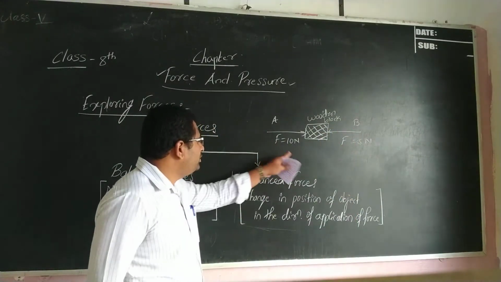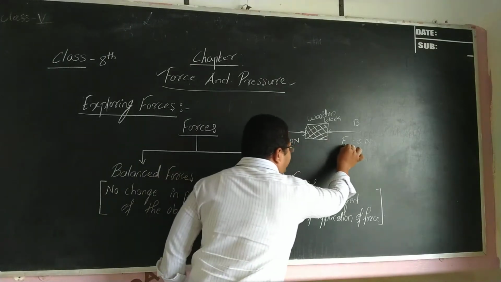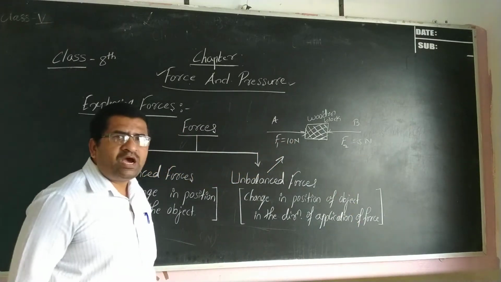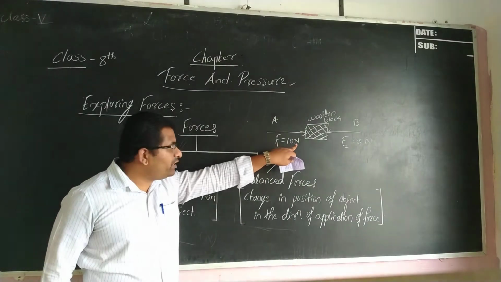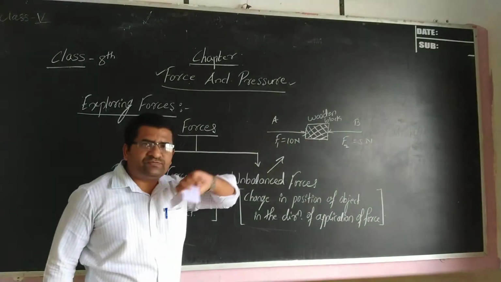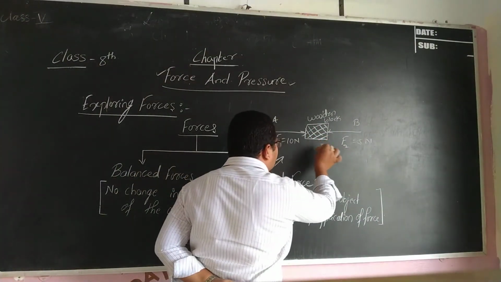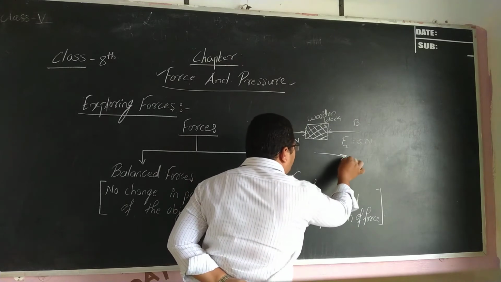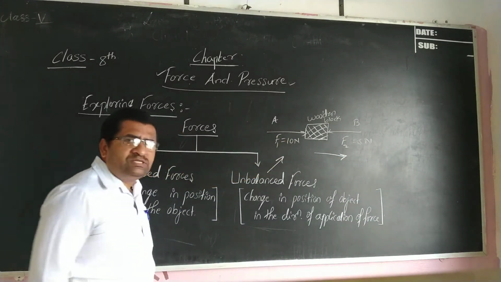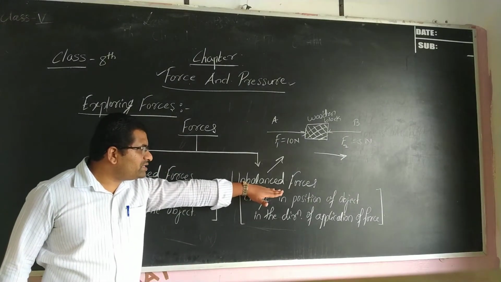So here these are the unbalanced forces. F1 and F2 are said to be unbalanced forces just because these are unequal. F1 is 10 Newton and F2 is 5 Newton. In this case the wooden block shows a displacement, or it moves from A towards B. So these are called unbalanced forces.